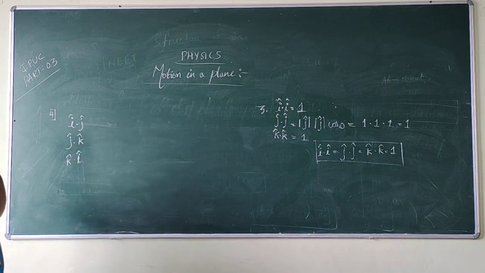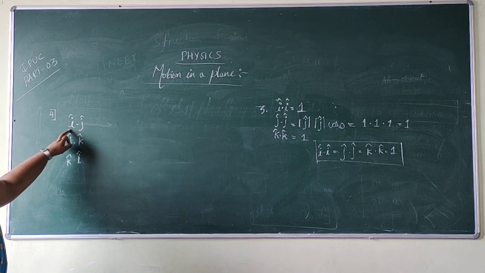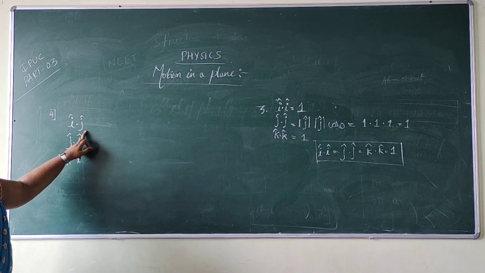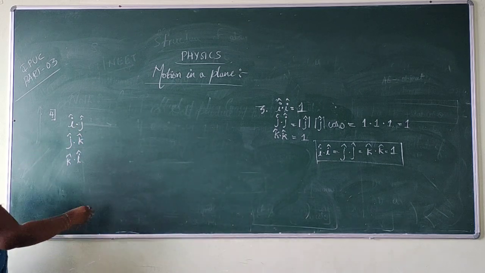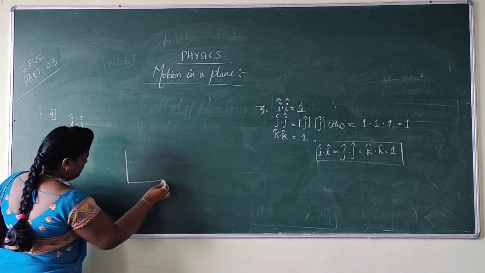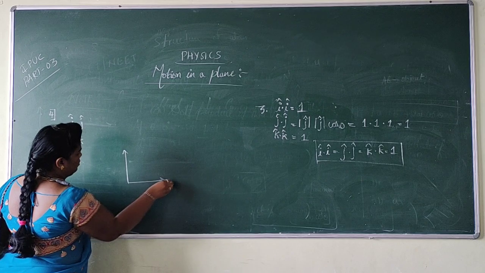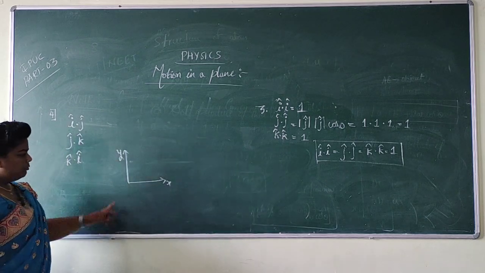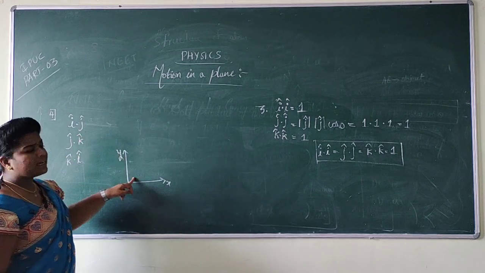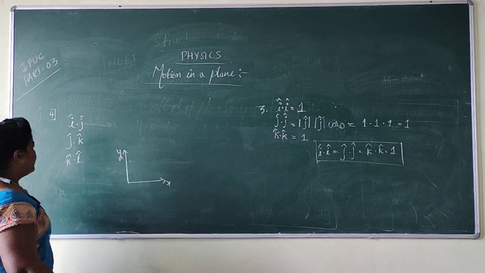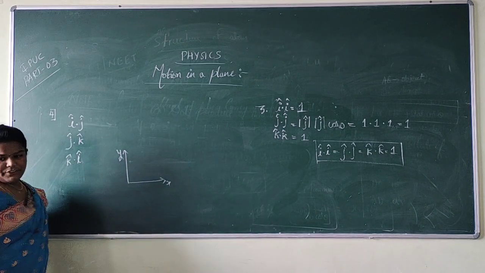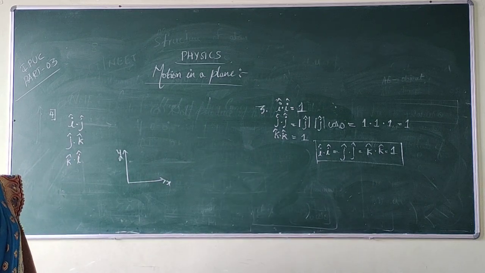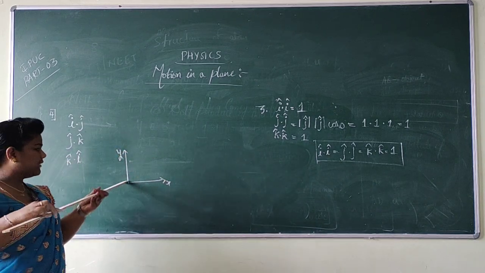Please be careful. i is the unit vector along x axis, j is the unit vector along y axis. And x and y axes are always mutually perpendicular to each other. So what is the angle between these two? 90 degree. Similarly, j dot k is given.